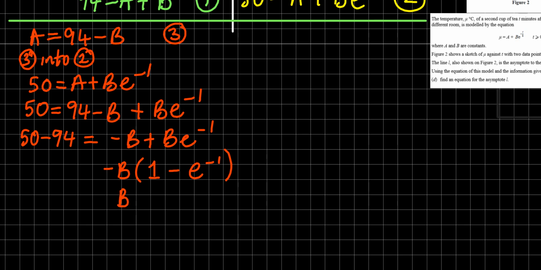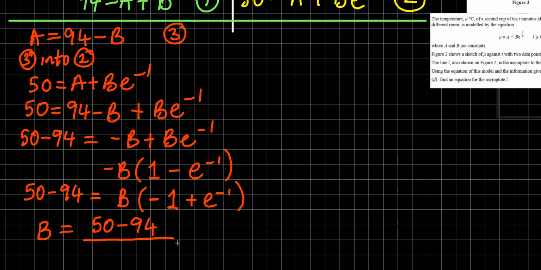So we're going to have minus B times (1 minus e to the minus 1), or you could take out minus B and have (1 minus e to the minus 1) another way. Any one is fine. So we would have 50 minus 94 on this side, so B on its own is going to be 50 minus 94 over minus 1 plus e to the minus 1. Just get a calculator to work that out.